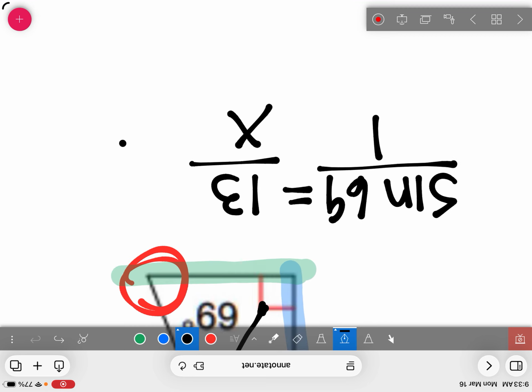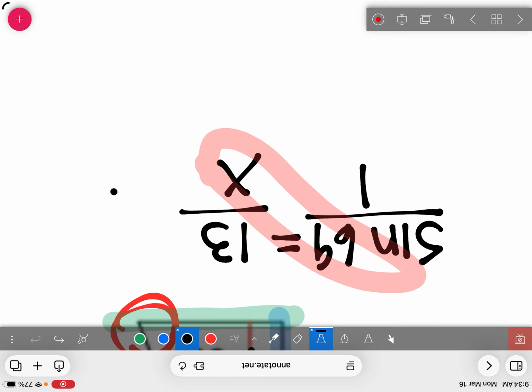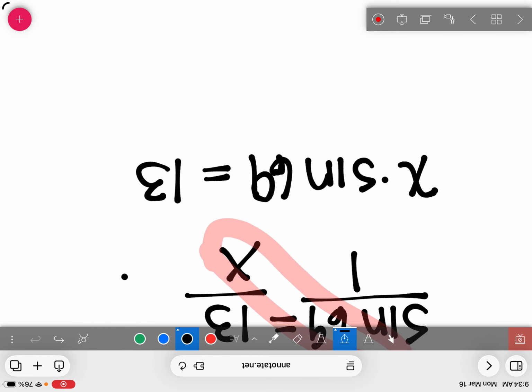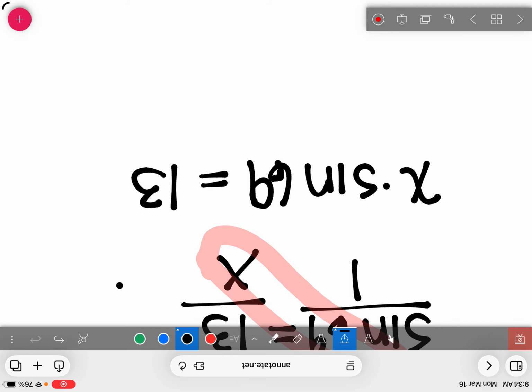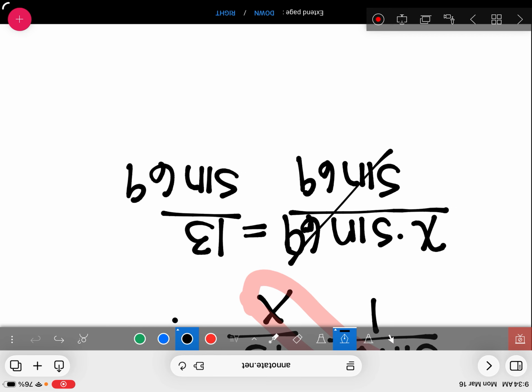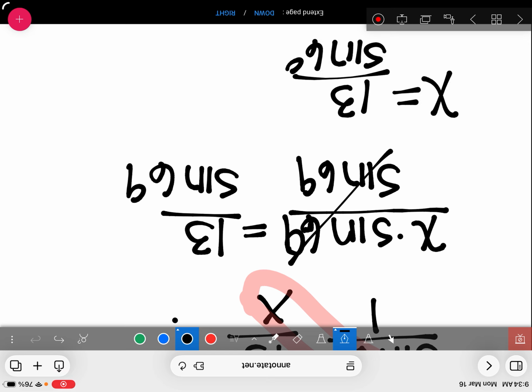Let's go ahead, cross multiply that out. So that would be x times the sine of 69 equals 1 times 13, which is 13. Because sine of 69 is being multiplied, then that would be a division. So x is 13 over sine 69.